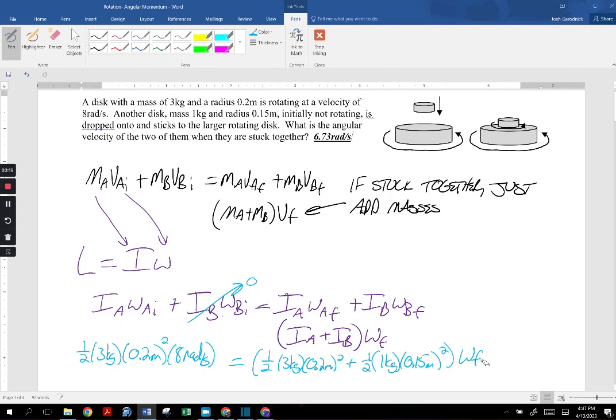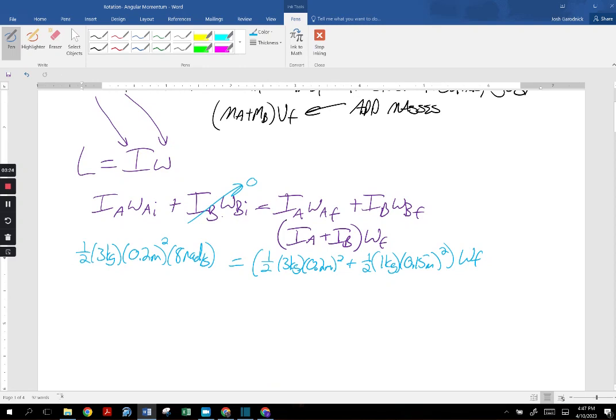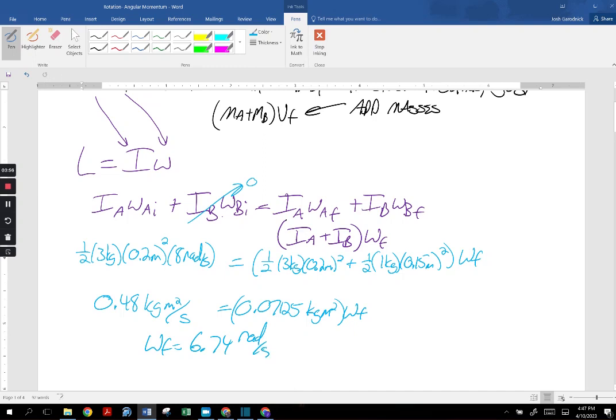Final angular momentum. Doing a little math, we would get, oh boy, just crazy units here, 0.48 kilogram meters squared per second equals 0.07125 kilogram meters squared times omega final, and omega final is 6.74 radians per second.